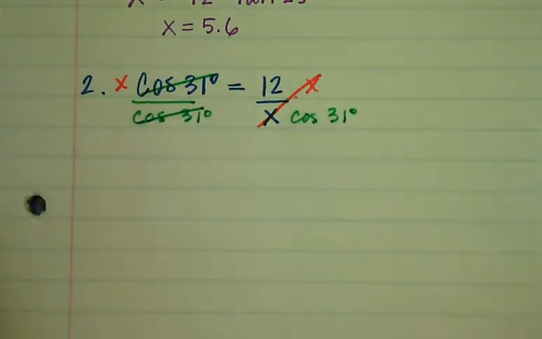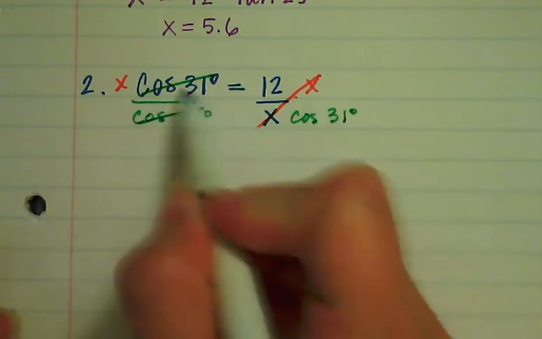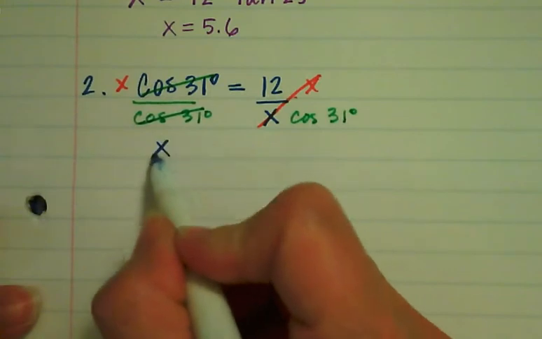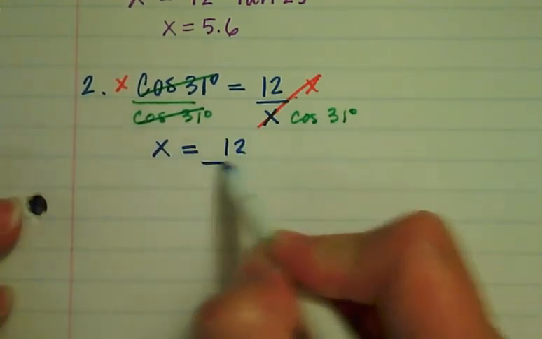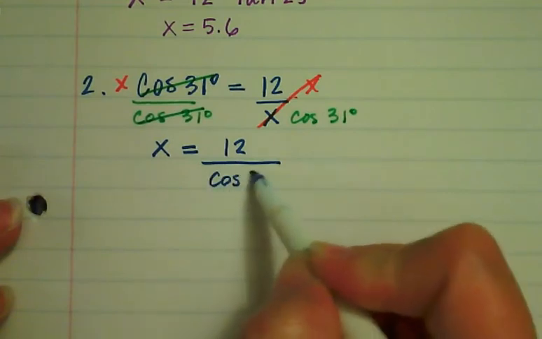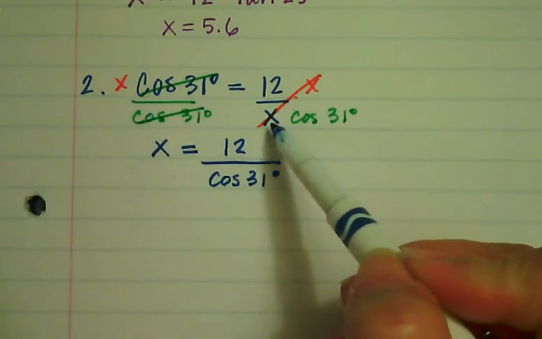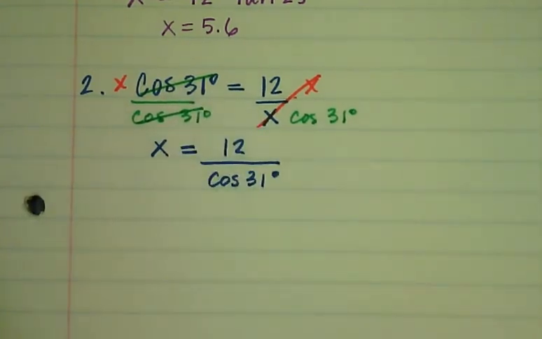So here's the deal. If you ever have x in the denominator, just switch the diagonals. So what we ended up with here by doing this solving is that x is 12 divided by the cosine of 31 degrees. So again, if you have x in the denominator, just switch those diagonals, and then this is what we need to do in our calculator.